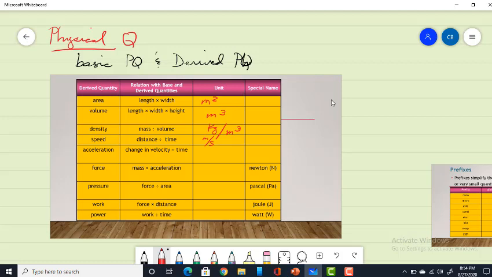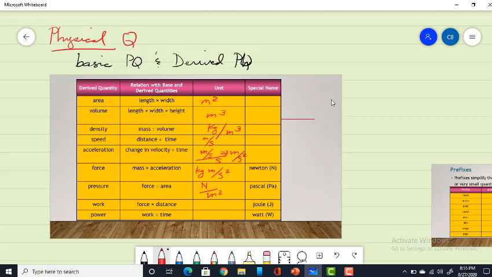Acceleration is the change in velocity, and velocity is meter per second, over second, so that's meter per second squared. For force, we have mass in kilogram times acceleration in meter per second squared, and the special name for this is Newton. Pressure is force, Newton, over meter squared, which is equivalent to Pascal, a special name.